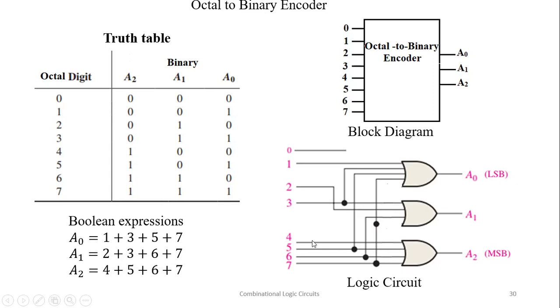To implement A0, we have lines from 1, 3, 5 and 7. For A1 we have a line from 2, a line from 3, a line from 6, and a line from 7.